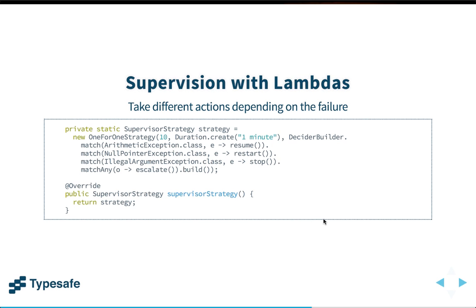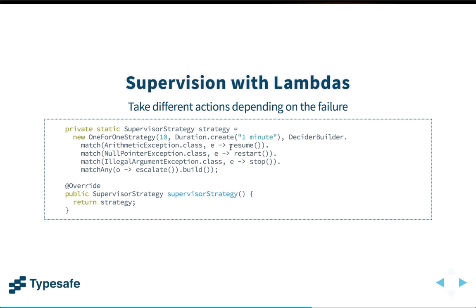And supervision, that's basically where, if your actor does something that's dangerous and he throws an exception, then the super actor or parent of that actor will decide what happens. And also the Java 8 lambdas make this syntax much nicer, where you can basically match on the type, and then we have the exception with that type, and we can decide what to do.